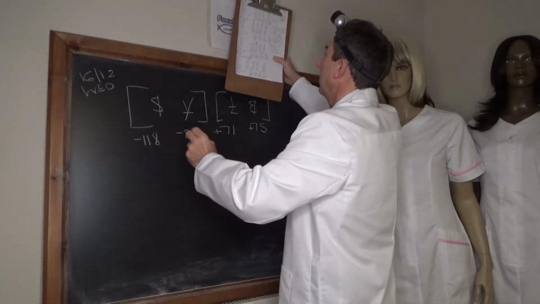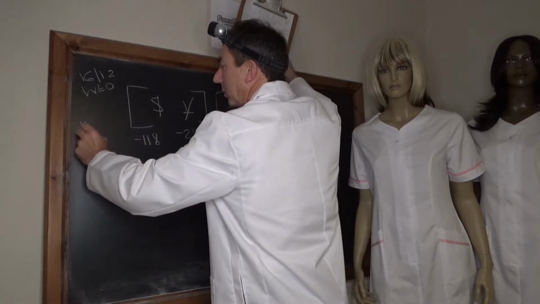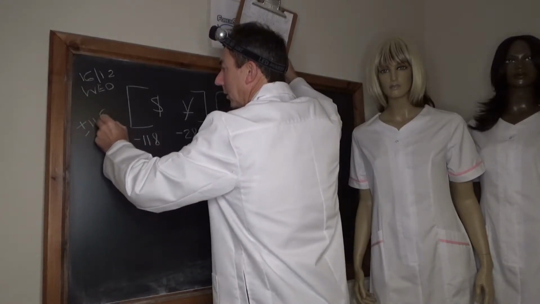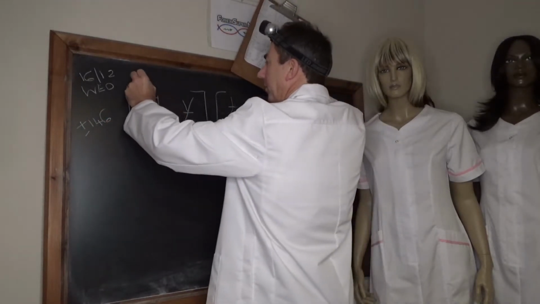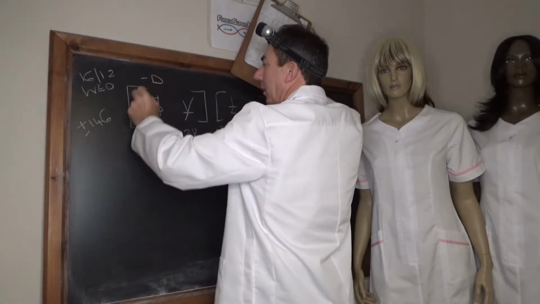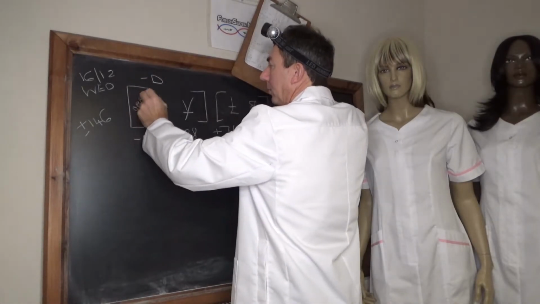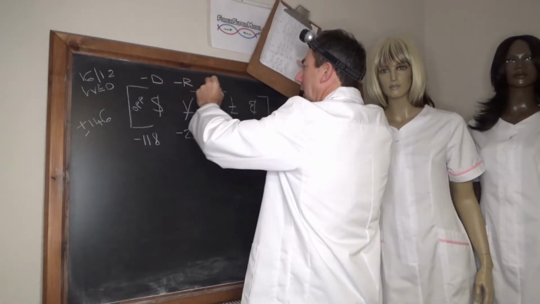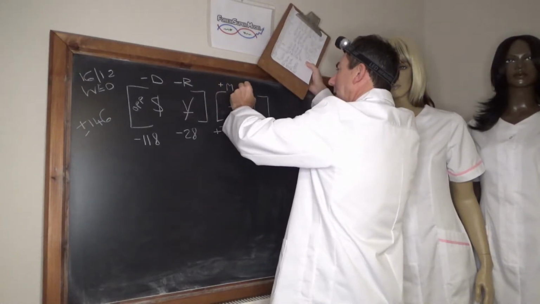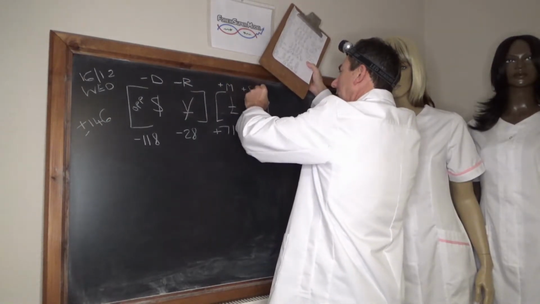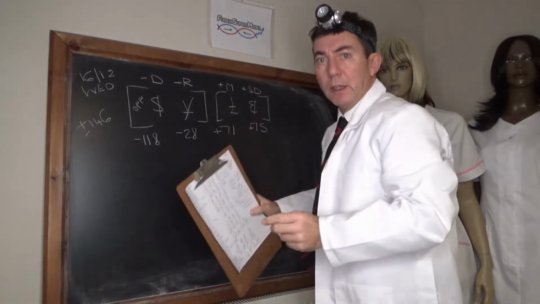And that was on activity of plus or minus 146. So we had a negative opposed driver in the dollar, a negative rock in the yen, a positive mover in the pound, and a positive secondary driver in the euro.